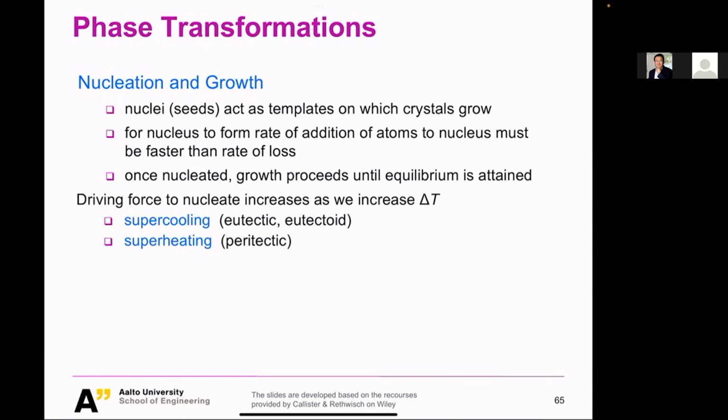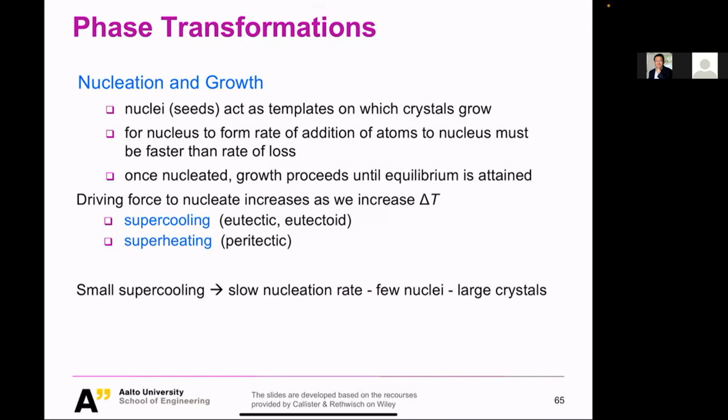So if we want to accelerate the nucleation and growth of the solid transformation, we should have a supercooling, or vice versa. If you want solid to become liquid faster, you should apply so-called superheating.